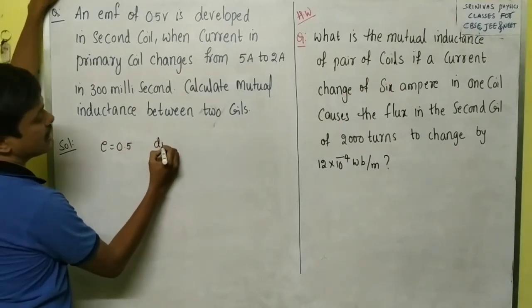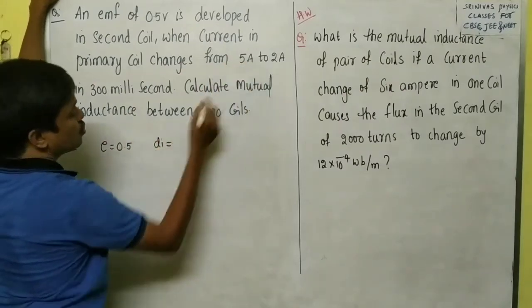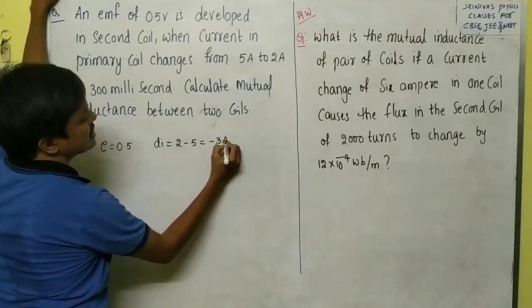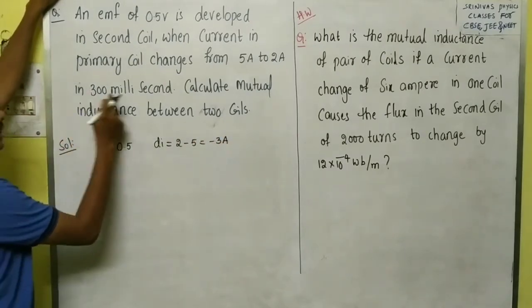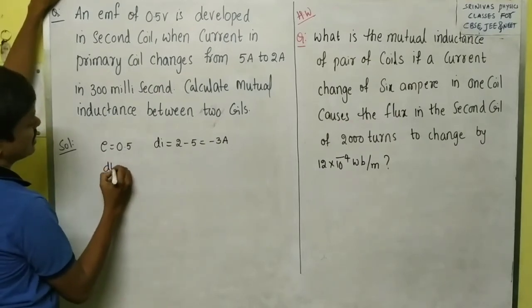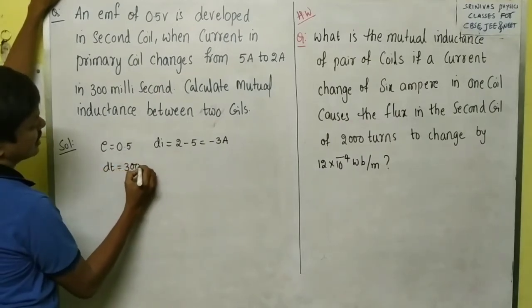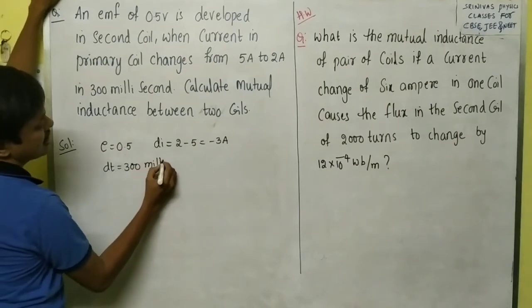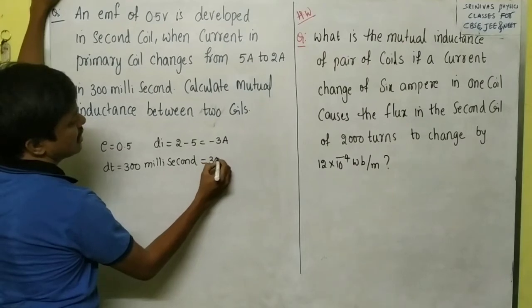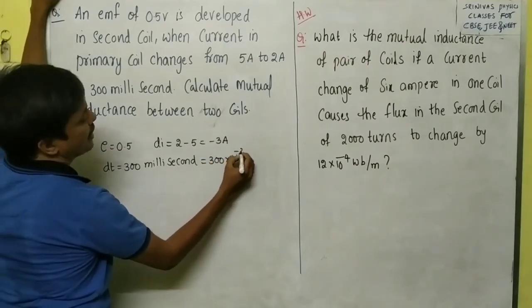What is the change in current? 5 ampere to 2 amperes, we write 2 minus 5, that is minus 3 amperes, the change in current. In time dt they gave us 300 milliseconds. You can convert this into seconds, that is 300 into milli, which means 10 power minus 3 seconds.